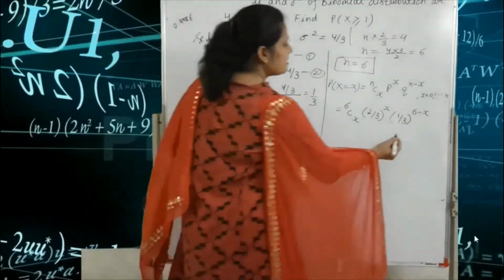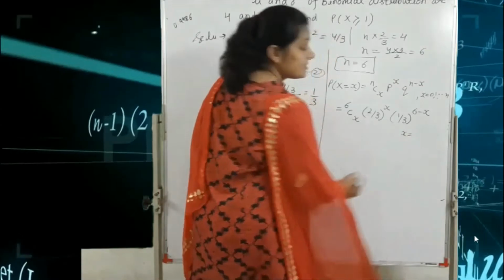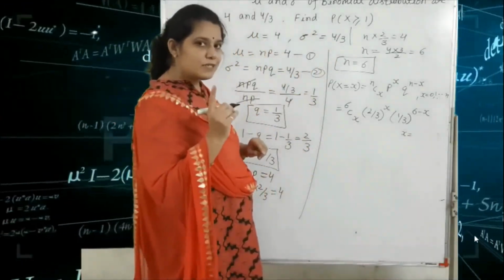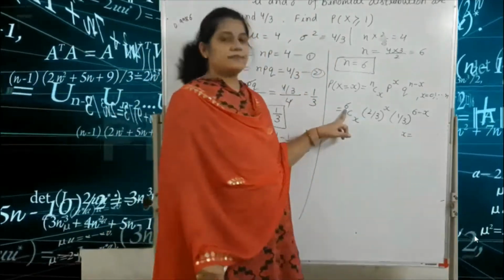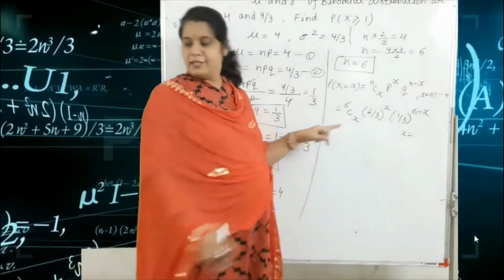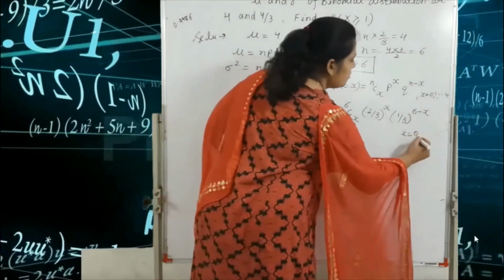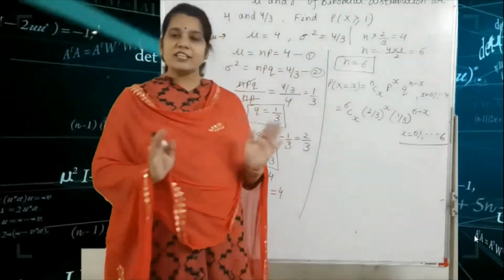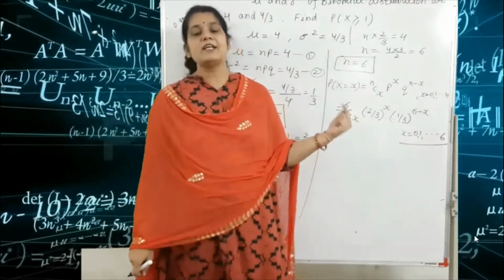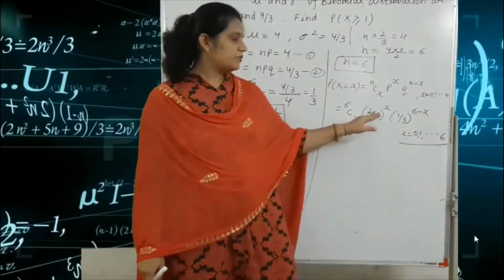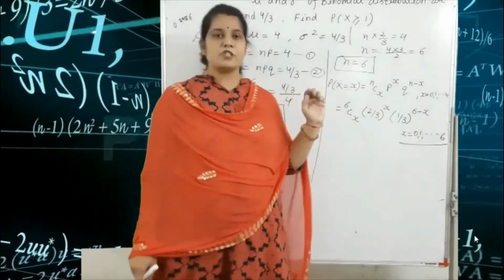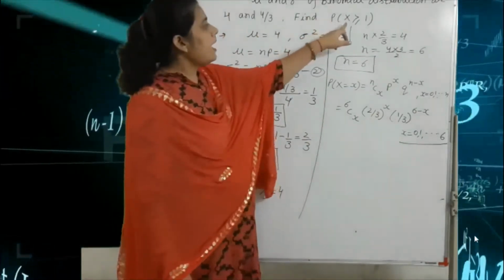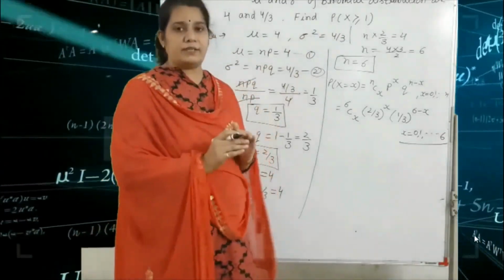And after here we write the value of x starting from 0 up to the value of n, so we write 0, 1 up to 6. Okay, but this is not our final answer because this is the format of the binomial distribution. We need to find P(X ≥ 1).